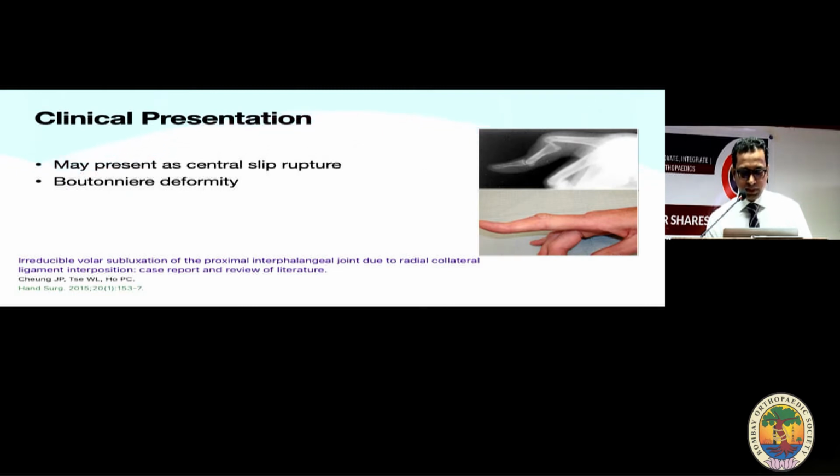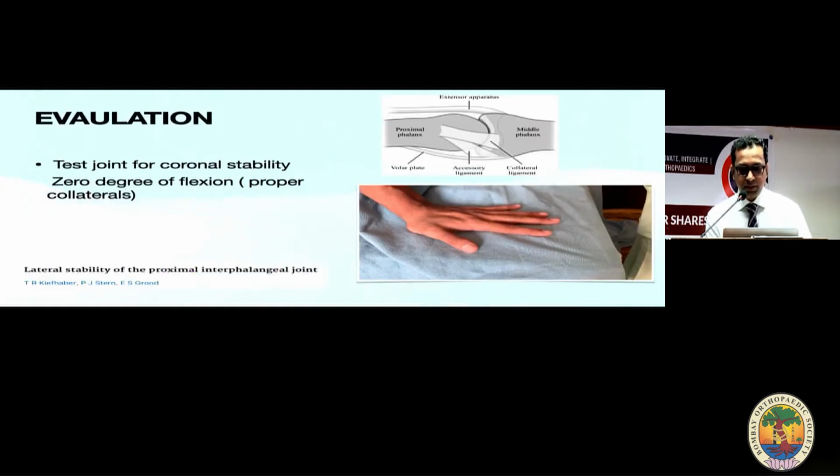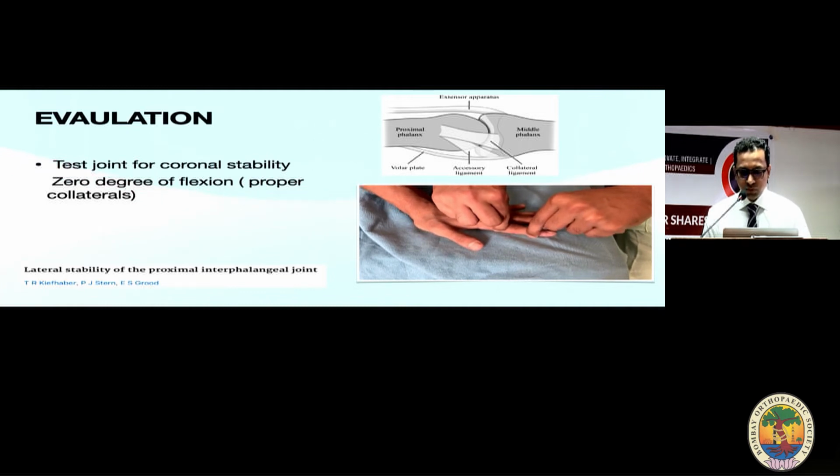They usually present like a boutonniere deformity, looking like a central slip rupture, but one must do a thorough X-ray and clinical examination, and then they will present properly as rotational or coronal injuries. So how do you test?